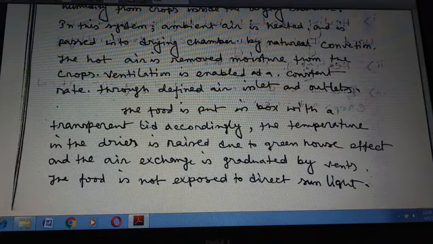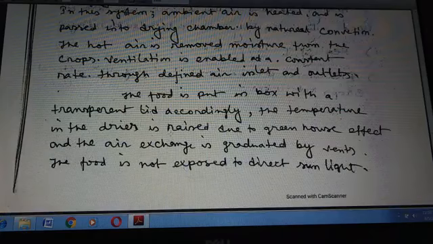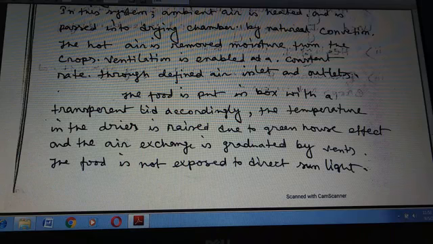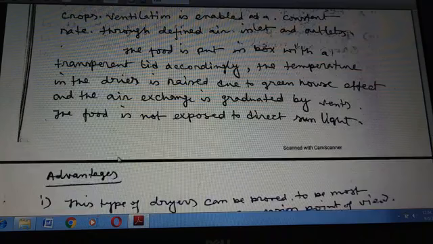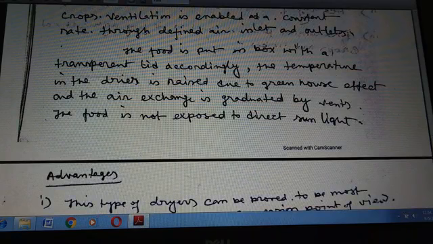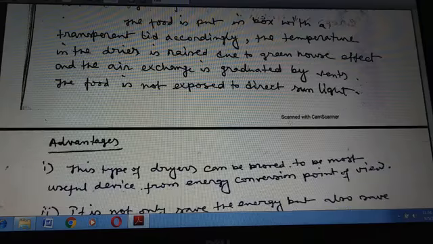The food is put in the box with a transparent cover on a system of trays. The temperature in the dryer is raised due to the greenhouse effect, and the air exchange is regulated, so the food is not exposed to direct sunlight.